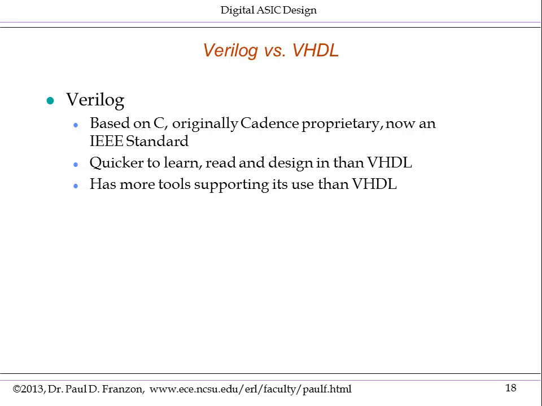It tends to be very popular in the United States. Most design companies in the United States use Verilog. And because it's a simpler language and a more popular language, it tends to have more tools supporting it than is the case with VHDL.